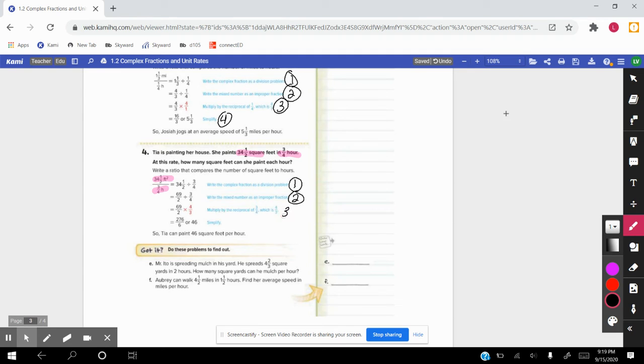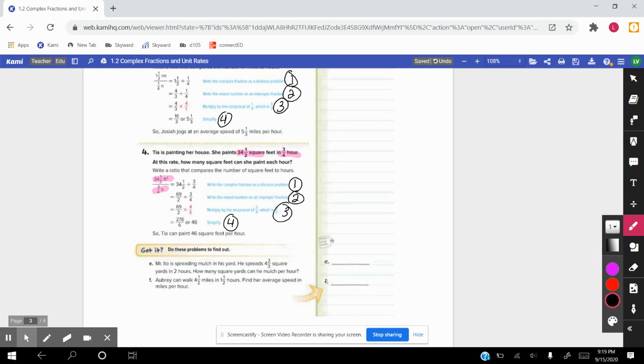Then step number 3 is multiply by the reciprocal of 3/4, which is 4/3, which is in red. 69 times 4 is 276. 2 times 3 is 6. When you do 276 divided by 6, that gives you 46. So that was your step number 4 to simplify. So Tia can paint 46 square feet per hour.